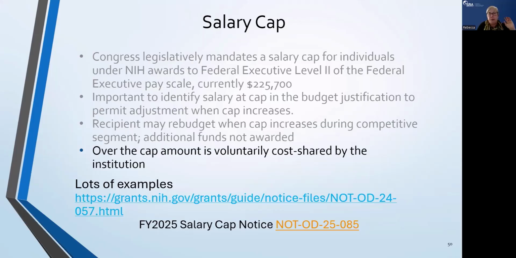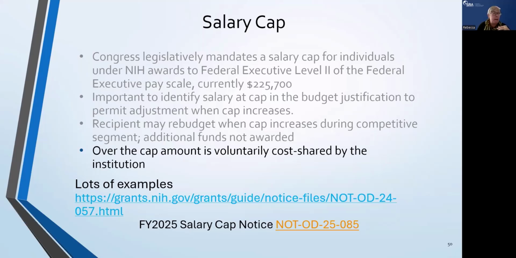So let's say we were paying 12 months of somebody's salary, and it was $225,700 for 12 months. That's what they're going to award every year of a 5-year grant, even though the PI's salary may go up in each successive year. So the institution has the option to either rebudget to cover that increase or to use other funds to cover that increase.